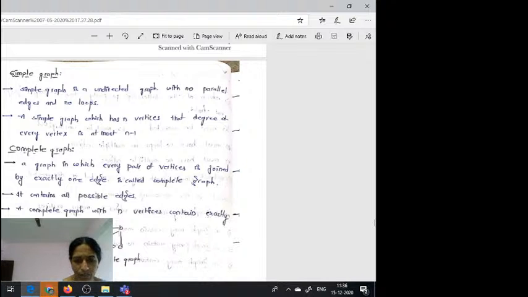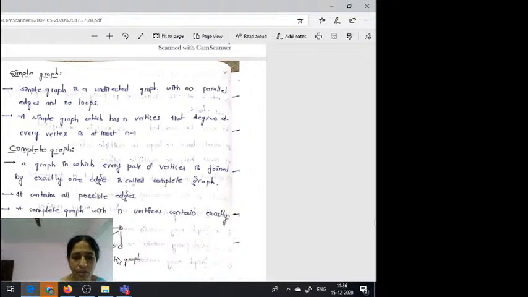into n minus 1 divided by 2. You can observe that formula here, that is n into n minus 1 divided by 2. That means 4 into 4 minus 1, 3, divided by 2, 2 2s are 4, that means 2 into 3, 6 edges. So either you can apply the formula nC2, or you can apply the formula n into n minus 1 by 2.